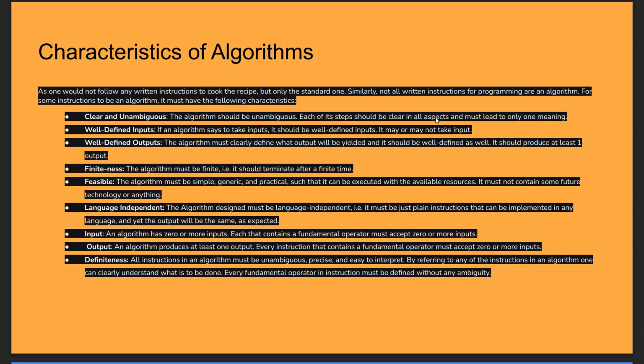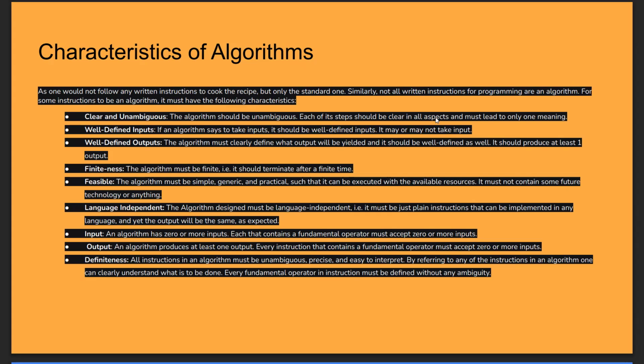Next, input. An algorithm has zero or more inputs. Suppose we have an algorithm, it can have zero or more inputs. If we are not giving any inputs, that is zero input. If we are giving more inputs, the algorithm can have zero or more inputs.